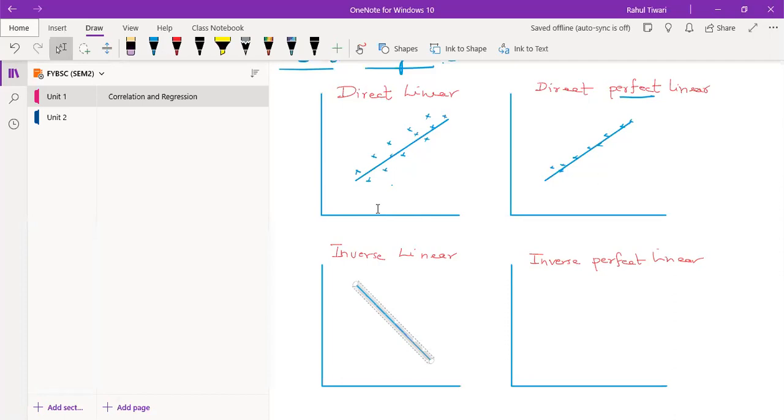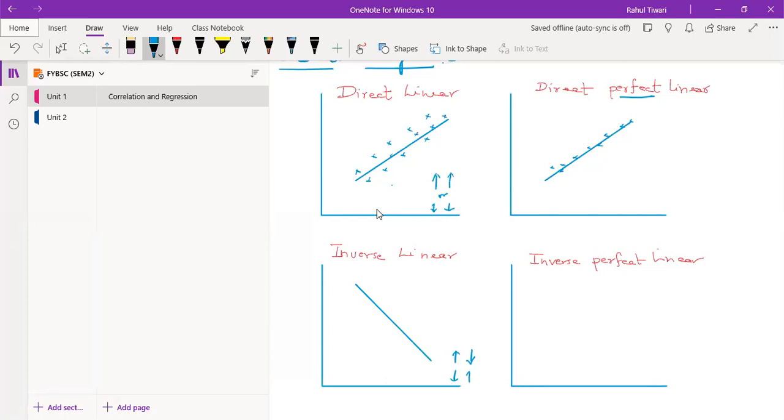Direct means if one is increasing, the other is also increasing, like this, or one is decreasing, the other is also decreasing. This is the meaning of direct. But in this case, one is increasing, the other is decreasing, or one is decreasing, the second one is increasing.